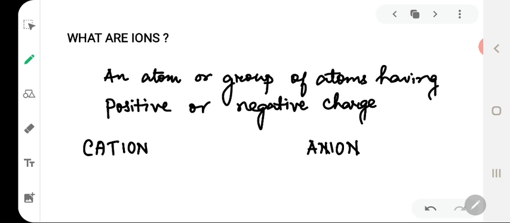Formation of ions is something that we will be discussing in the next lesson. But right now, I will give you some examples of cations. So positively charged ions or cations, like for example Na+, which is the sodium ion, K+, which is the potassium ion, Ca2+, which is the calcium ion, and Al3+, which is the aluminium ion.